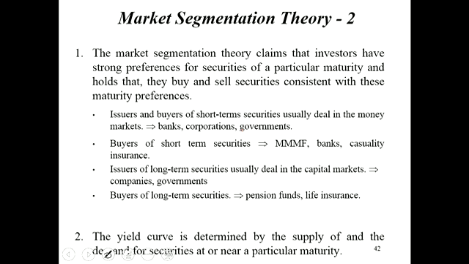So the basic idea is that these are different ones, and so they can actually become essentially a little bit disconnected from each other. So here's a list of types of borrowers that we see. For short-term securities, we'll come to the money markets fairly soon, but this is borrowing basically to overcome liquidity problems. Either you have excess liquidity and you want to invest, or you don't have enough and you want to borrow.